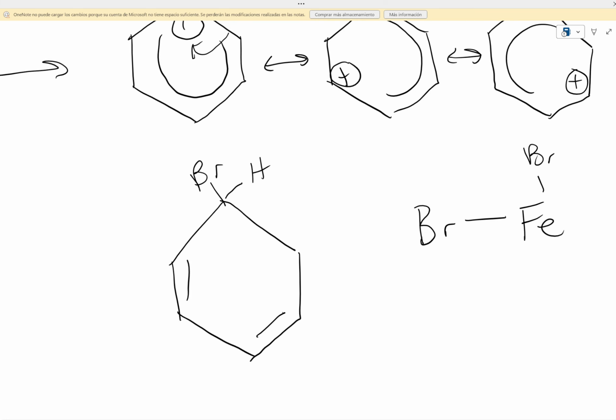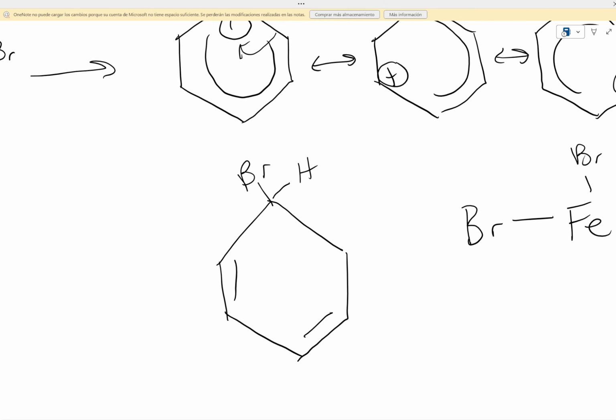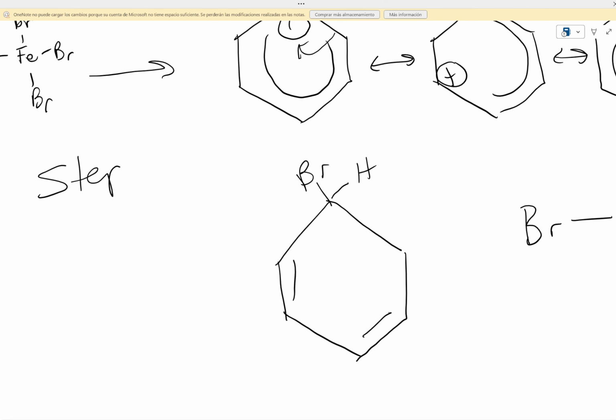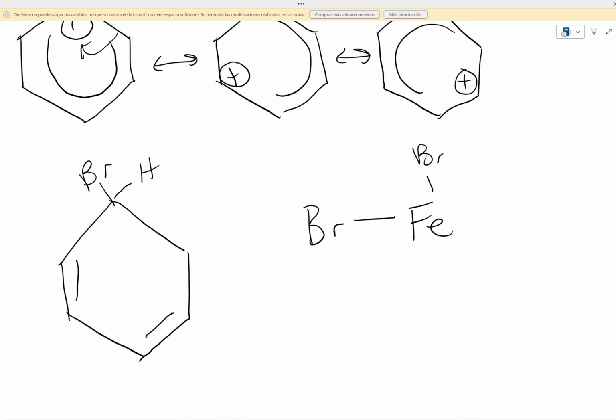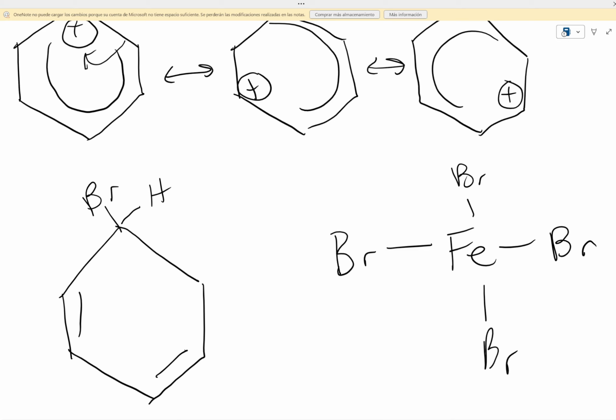So this is the third step specifically, step 3, which is what we call deprotonation. We know what a proton is, so the deprotonation of the ring will occur when the hydrogen leaves as a proton.